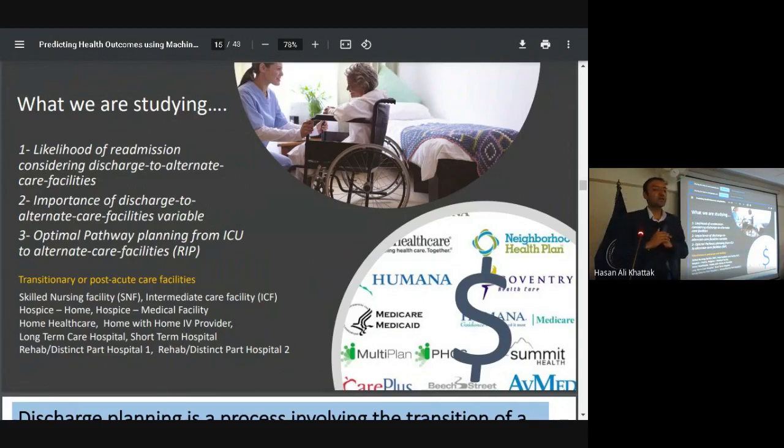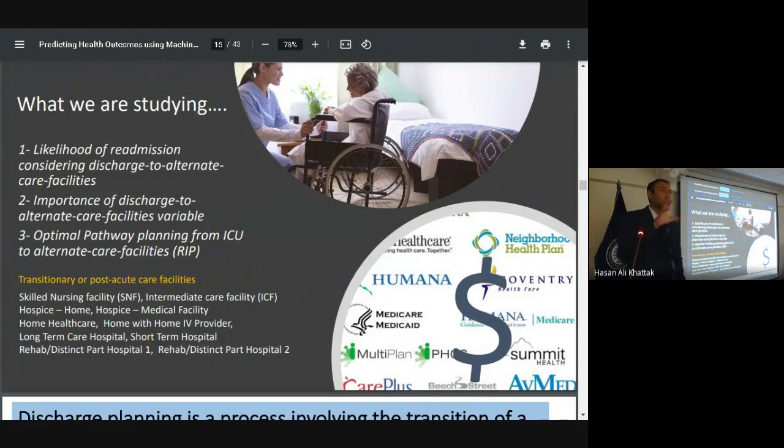The first point, we are looking for the likelihood of readmission. What is the likelihood of readmission if we send the patient to a particular transitionary care, based on the demographic factors and the medical history of the patient? The second point is the importance of this discharge to alternate care facility variable.